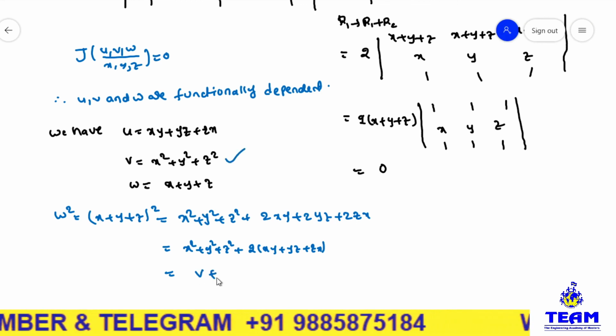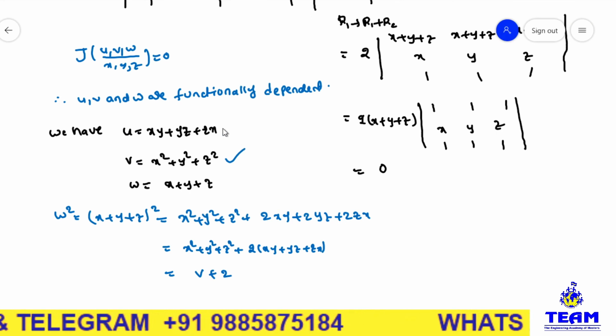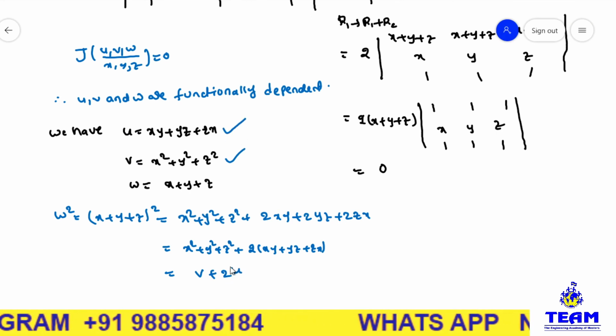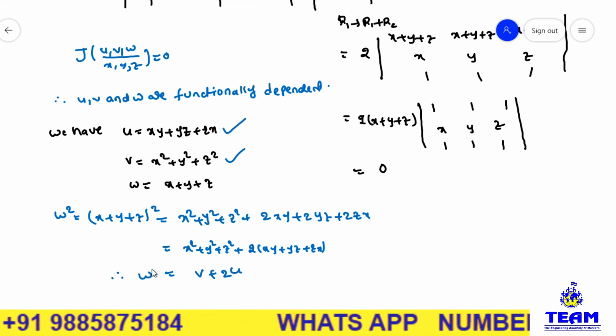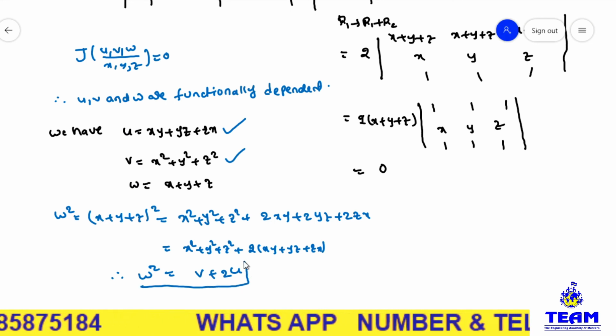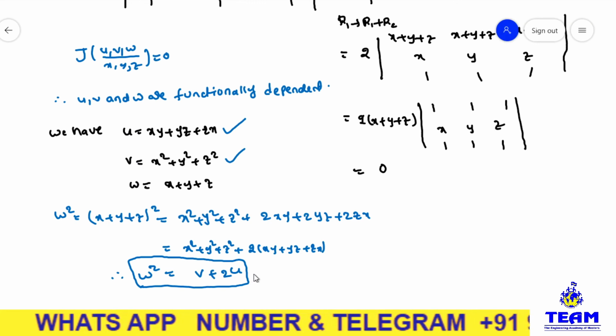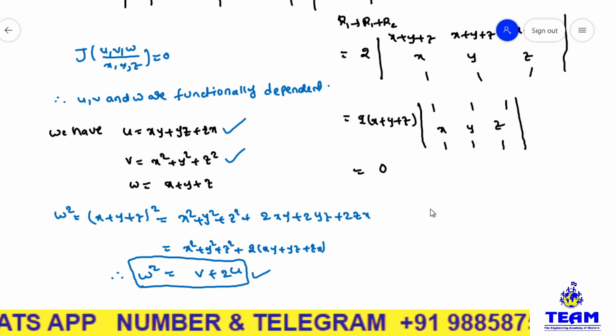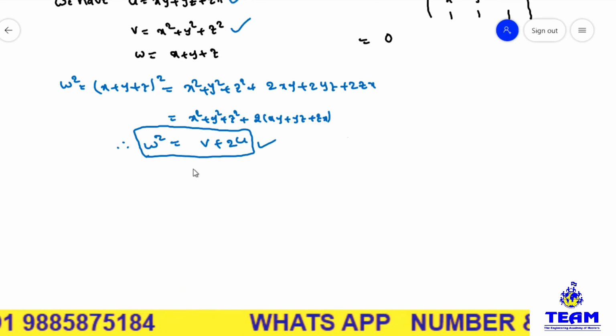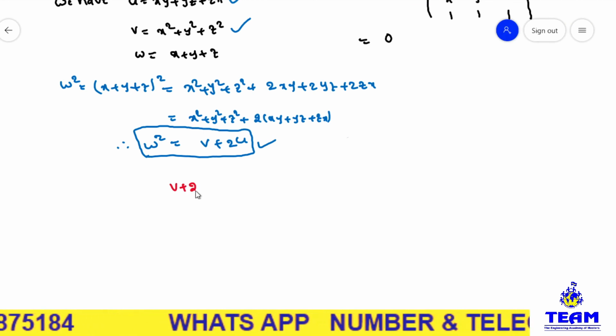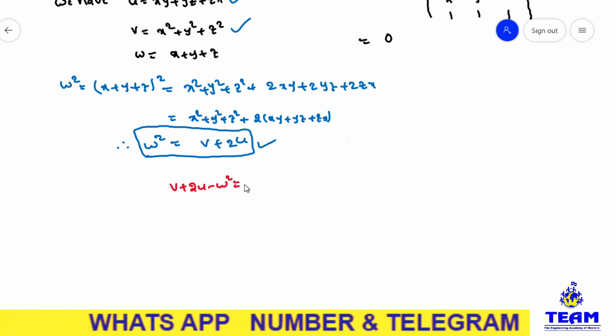V. Plus 2 times xy plus yz plus zx, what do I have? U. So therefore you can say w square is equal to v plus 2u. So this is the relation between u, v, w. Or simply you can also say v plus 2u minus w square is equal to 0.